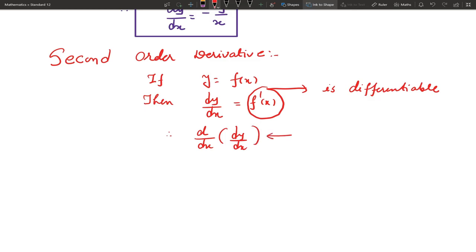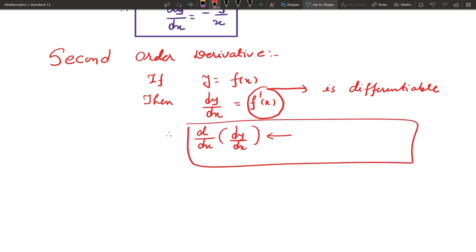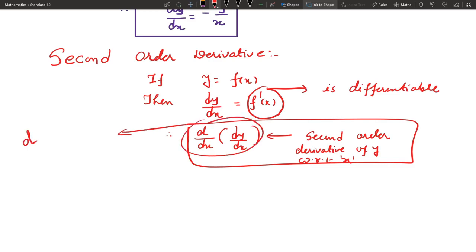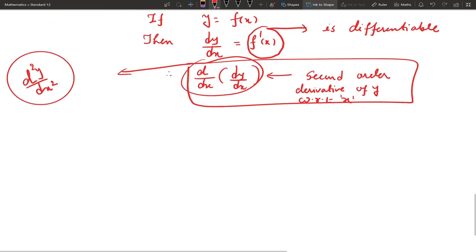This is called the second order derivative of y with respect to x, and normally we denote this by d2y by dx2. So this denotes the second derivative. This is not a square. You remember this one. It is not a square.